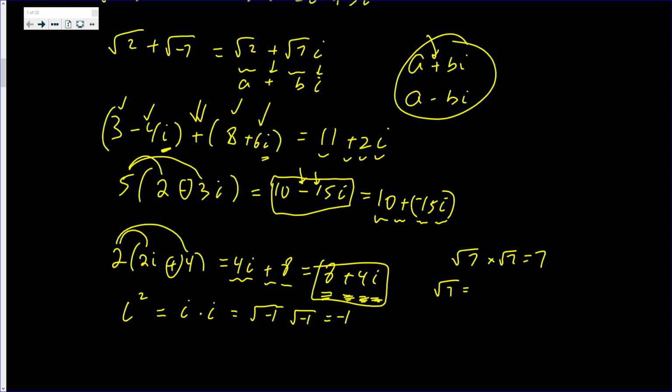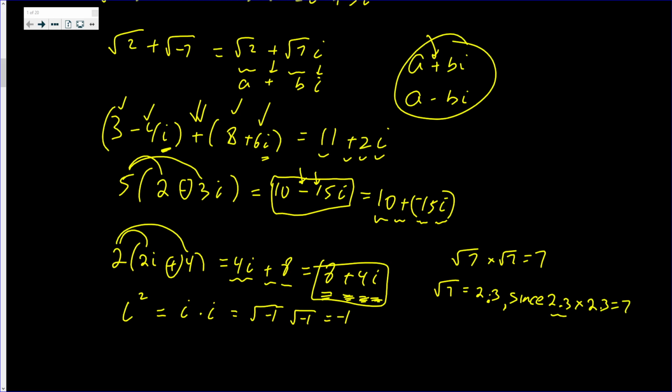The square root of 7, let's make believe it's 2.3. Now, the square root of 7 equals 2.3 since 2.3 times 2.3 is 7.